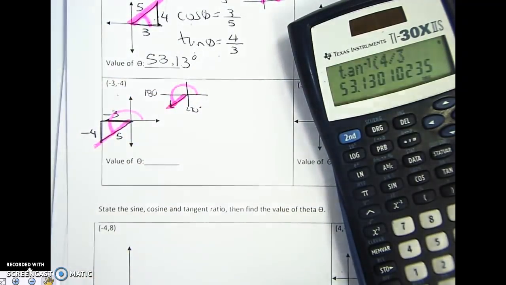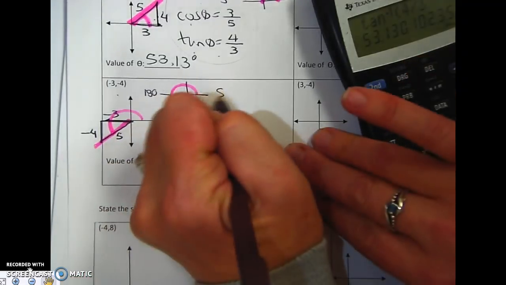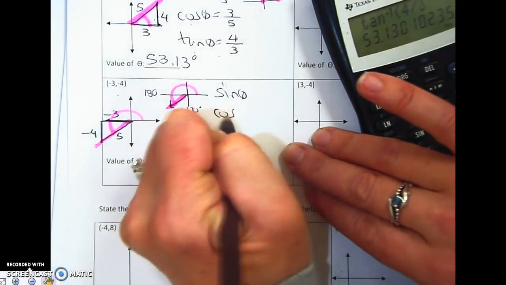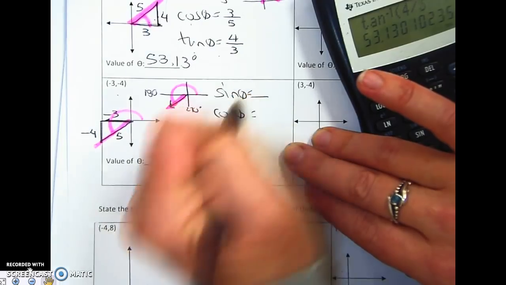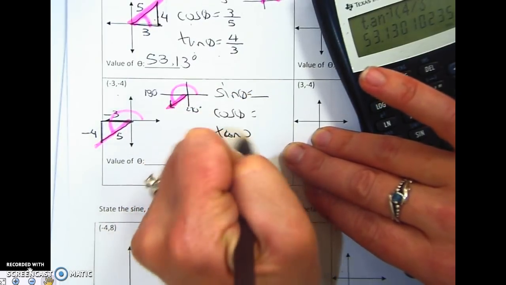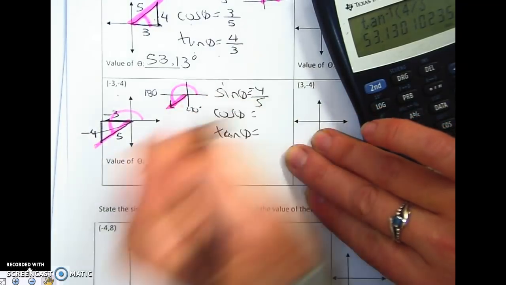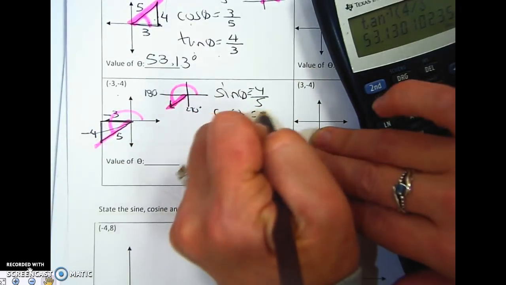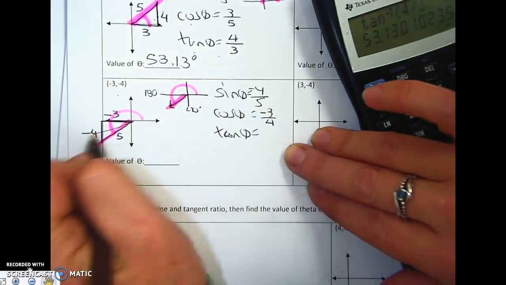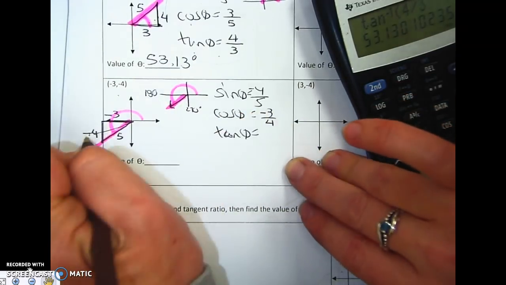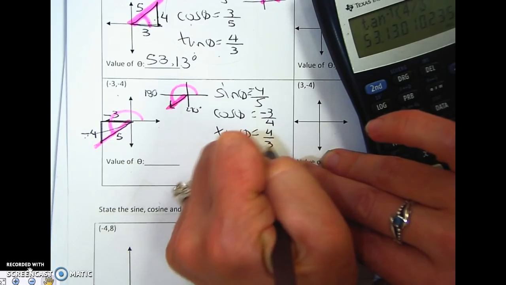I know my answer needs to be. Okay? So sine theta, cosine theta, and then tan theta. Opposite over hypotenuse, adjacent over hypotenuse, and opposite over adjacent, where a negative over a negative makes a positive.